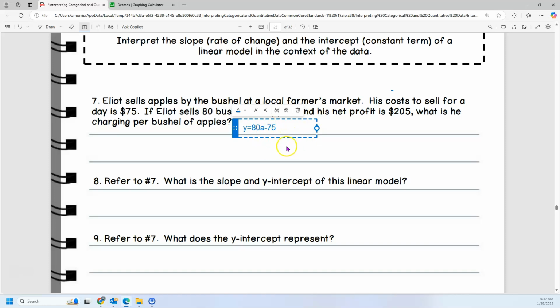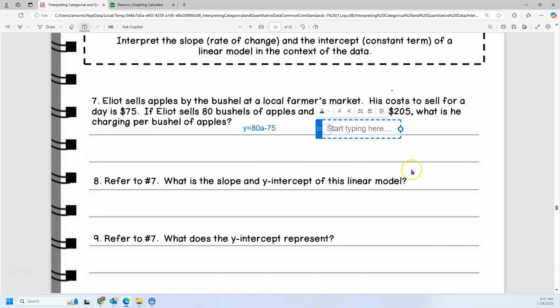That stuff costs me $75, okay? So I know that I made $205, all right? And I know I sold 80 bushels of apples, and I know before I can make any money, I already spent $75, okay? So I'm going to add 75 to both sides, okay?